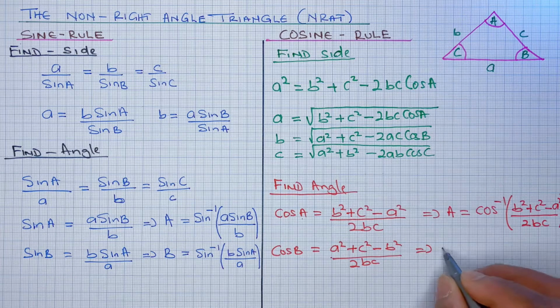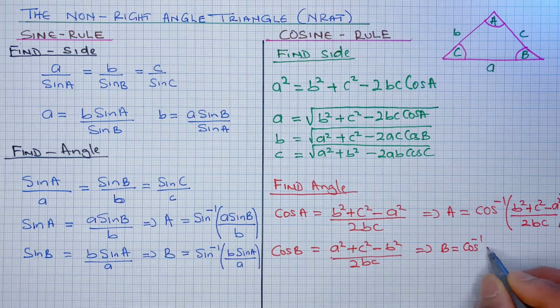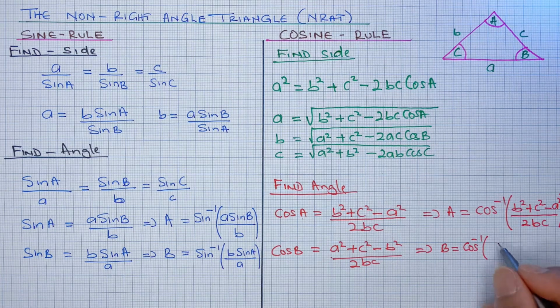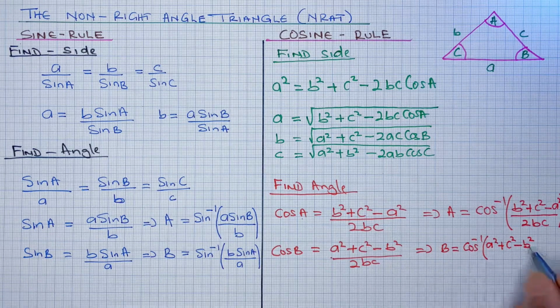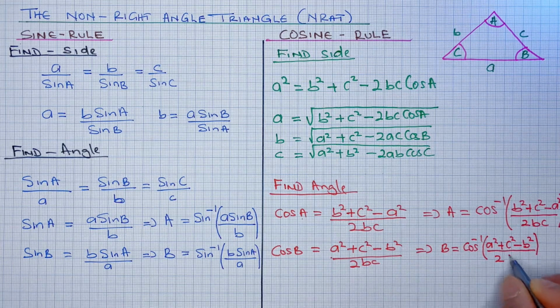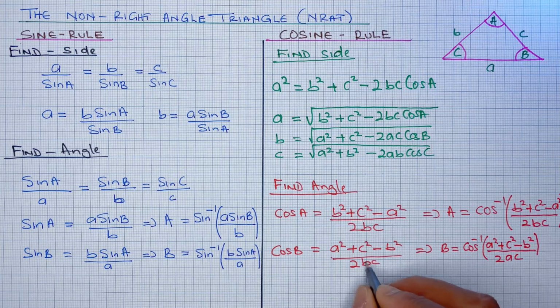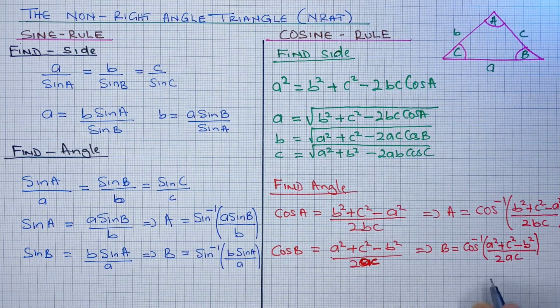That implies B equals cos to the power minus 1 of a squared plus c squared minus b squared over 2ac. So that's how you do that.